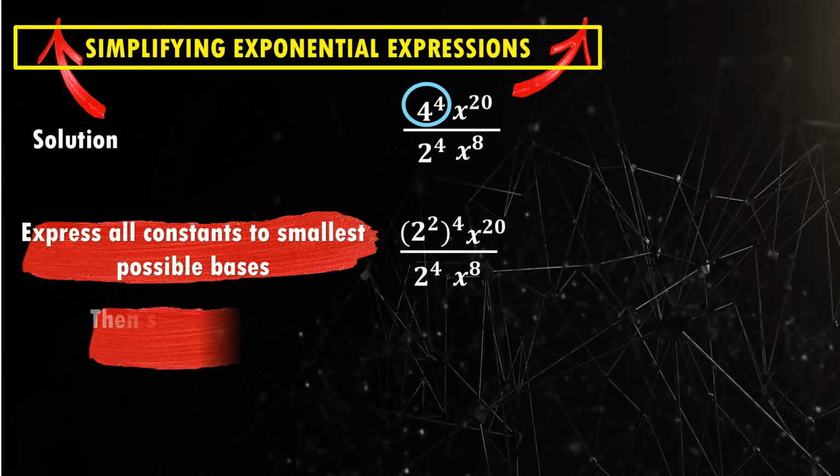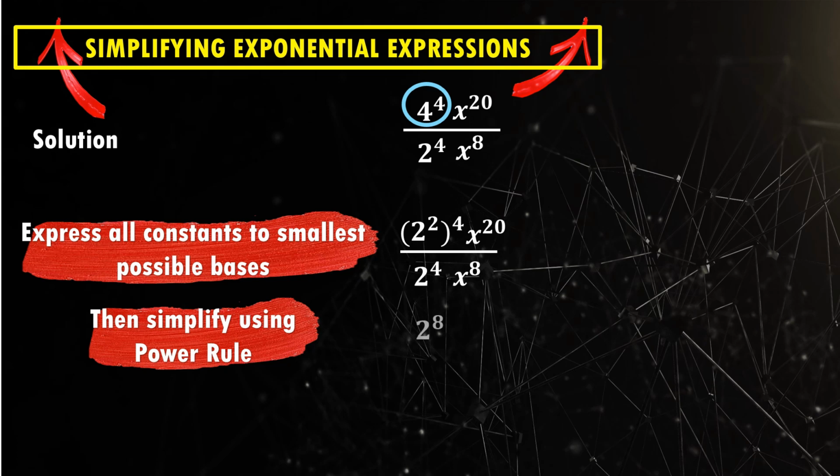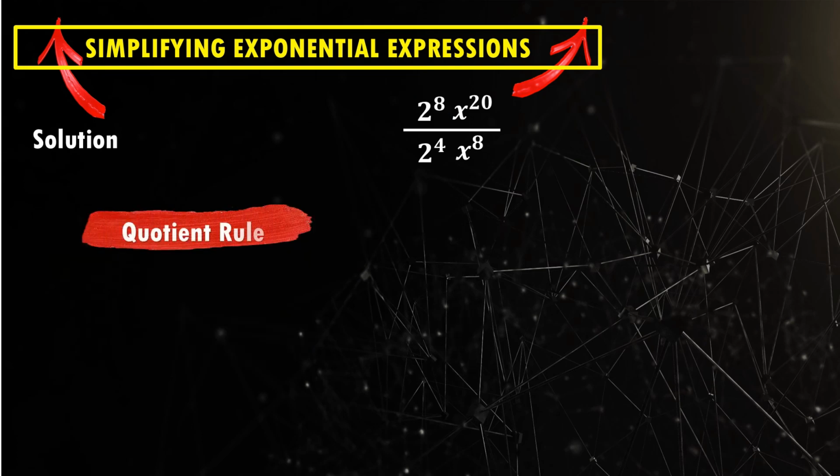Then, simplify using power rule. By using power rule, we have 2 raised to 2 times 4. Ang makuha natin sagot is 2 raised to 8. Mas maganda na siyang tingnan. So, we have 2 raised to 8, x raised to 20 over 2 raised to 4, x raised to 8. By applying quotient rule, i-subtract lang natin yung ating mga exponents.